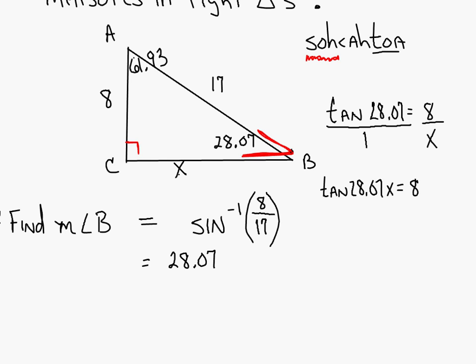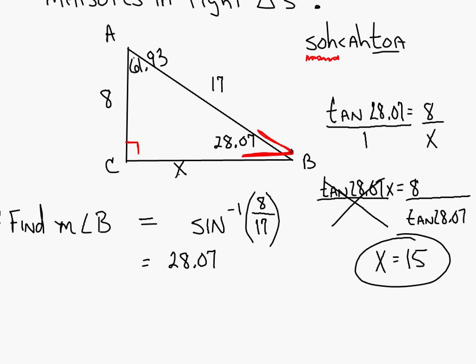Now, you've got to solve for x, so if you divide both sides by whatever's in front of the variable, I'm not going to write all that here because it's just going to end up canceling out, but you're going to divide by tan 28.07. So in your calculator, it's going to be 8 divided by tan 28.07, equal sign, and your x is going to equal 15. Say again? I said 0.001. Okay. I've got mine set to round 2 decimal places.